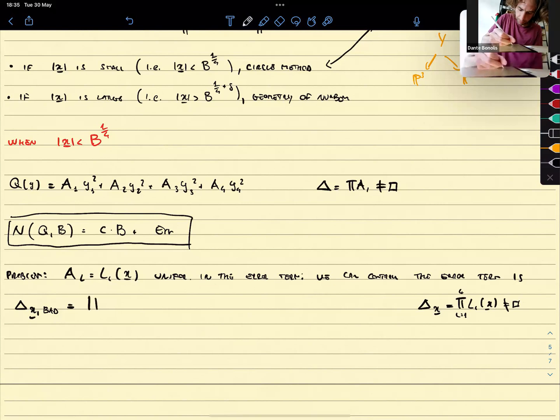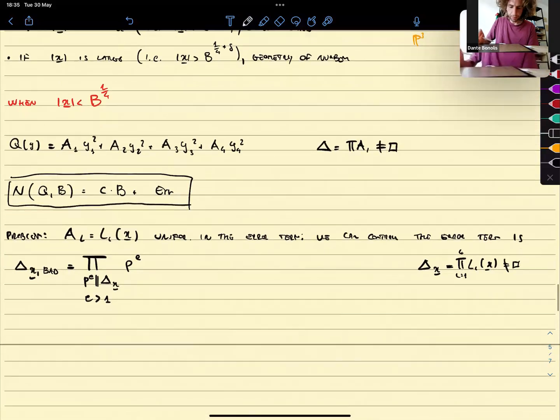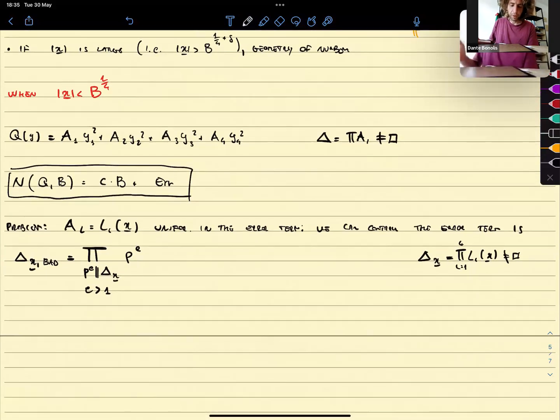So this is going to be the product of p to the power e exactly dividing delta X, such that e is larger than 1. And then this is the case if delta bad is small.